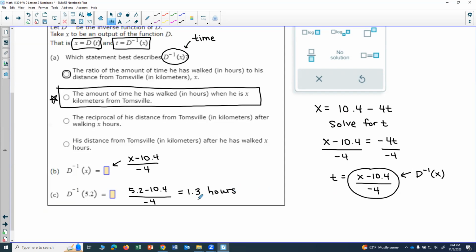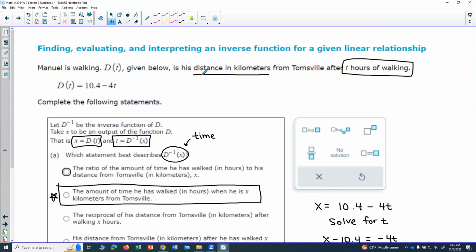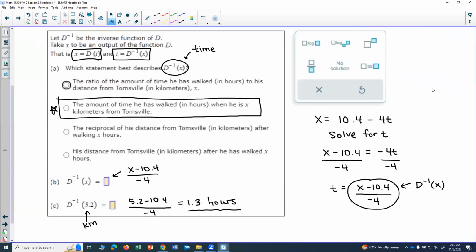So that's the amount of time that he has walked when he's 5.2 kilometers from Tomsville. So use the definitions they give you: x equals d of t and t equals d inverse of x. And then what is d representing? What is t representing? That will give you your solutions here.